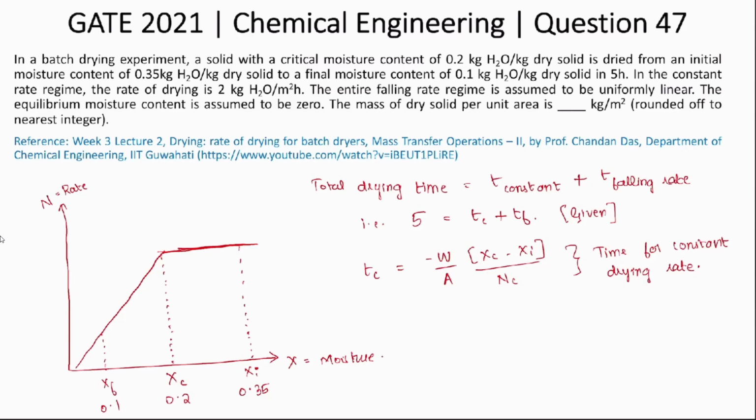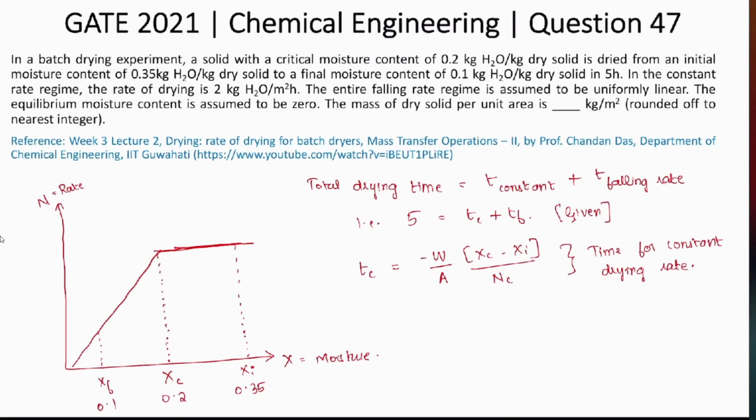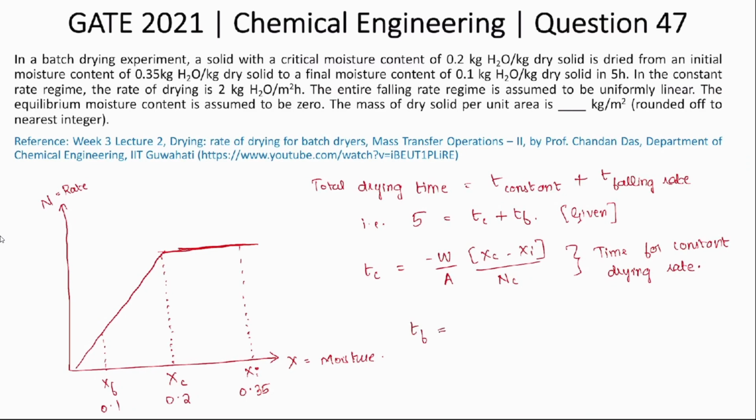So we can write that formula for the time for the falling rate. Tf is equal to W by A integral Xc to Xf dX by N. So this is the general expression for time in the falling rate regime.